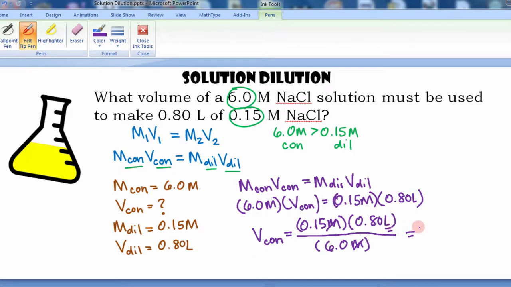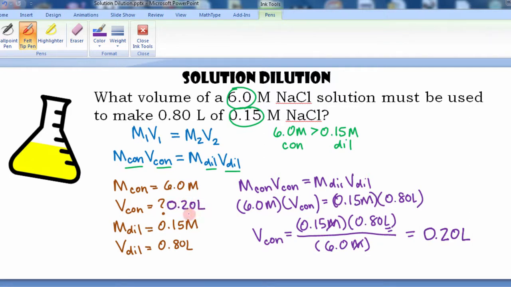And when you do that multiplication and division, you will get 0.20 liters. And that is your volume of the concentrate.